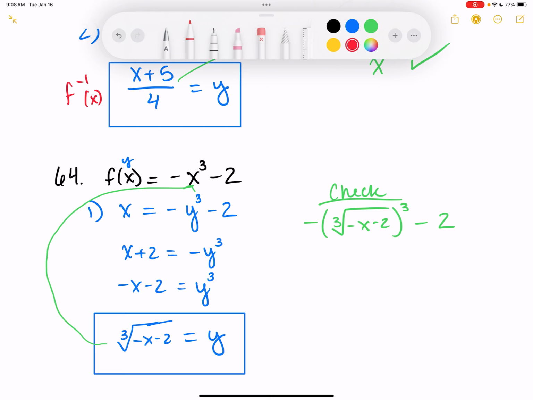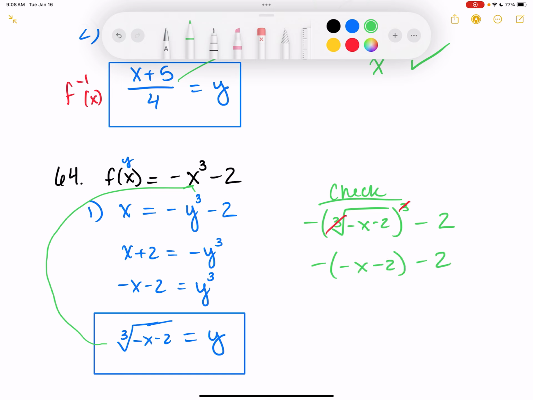So when you have a cube root being cubed, that just undoes itself, okay? So any roots, like a fourth root raised to the fourth power, a square root being squared, those things just cancel. So I'm kind of just going to scratch those out. So then I've got negative parentheses negative x minus 2 minus 2.